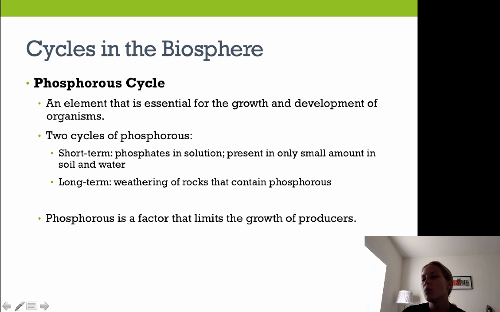But if there is too much phosphorus in the environment, producers will take off and grow and develop, and you get these things called algae blooms, especially in aquatic environments, where if we have a lot of phosphorus, the algae will just completely cover the top of a river, lake, or stream, and the organisms living in that lake or river will ultimately suffocate because they don't have access to oxygen, or other photosynthetic organisms don't have access to light because the algae has completely blocked it off.